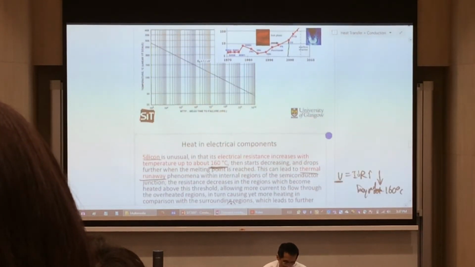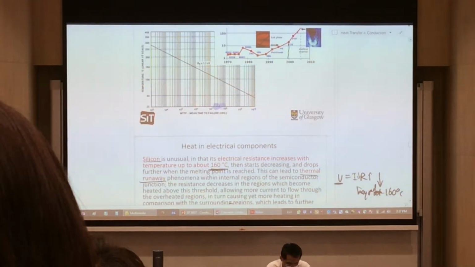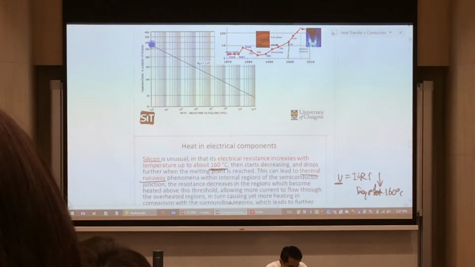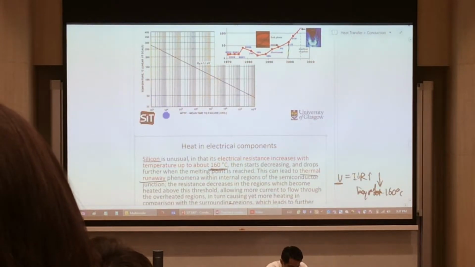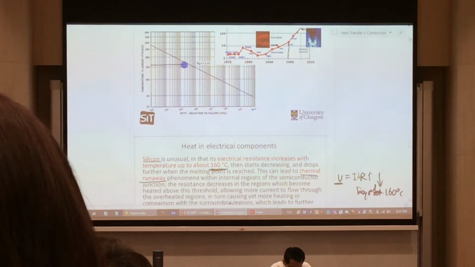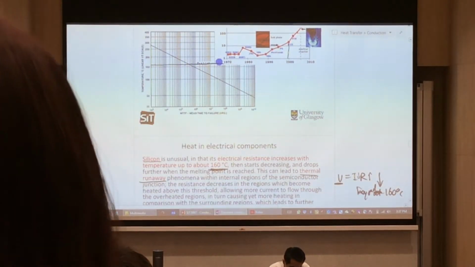If I were to sketch that 160 degrees Celsius on this axis, this one here is temperature, and this axis over here is mean time to failure. So 160 degrees Celsius is roughly about here.